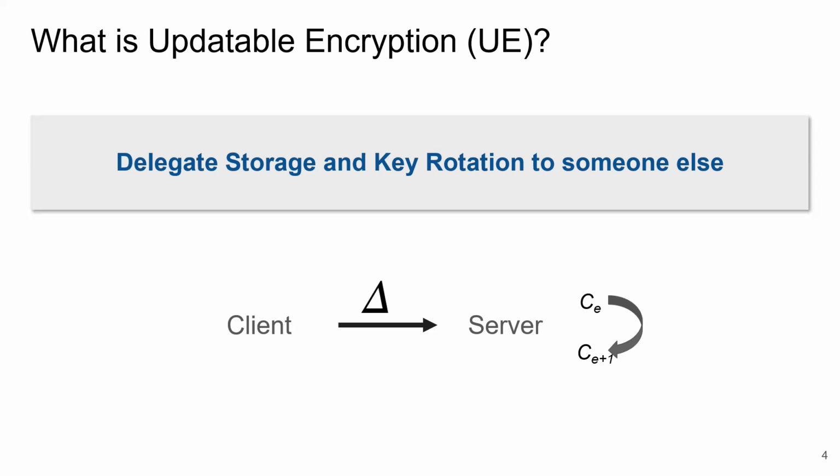So instead, I can generate a little update token. It's a small token, and then I can give that up to the server. It can move ciphertext encrypted in epoch E now to ciphertext encrypted under the key for the next epoch, again, without revealing anything about the plaintext associated to these ciphertexts.